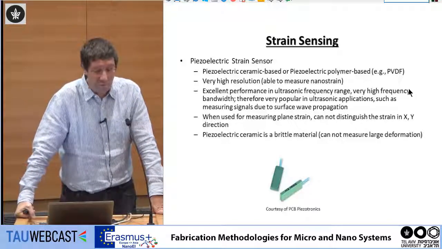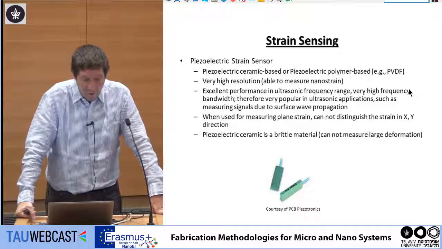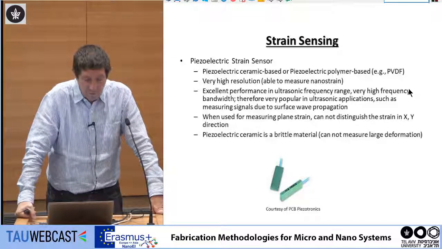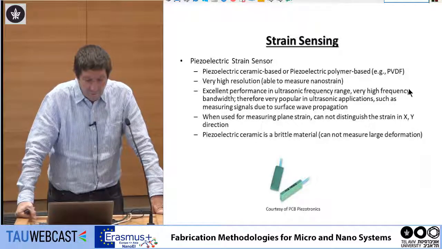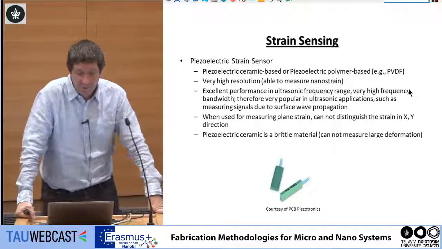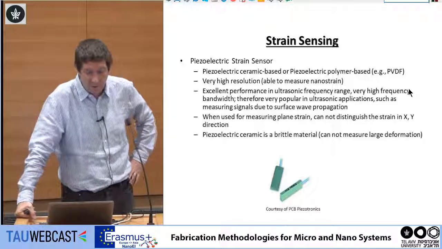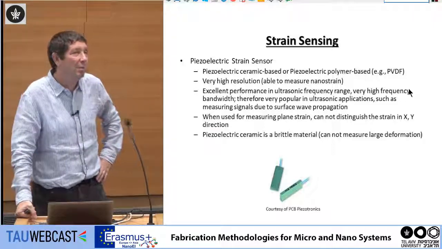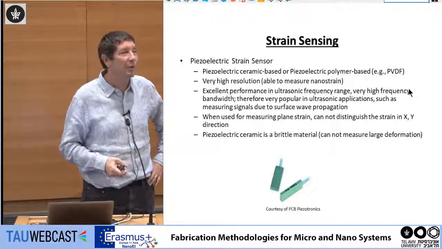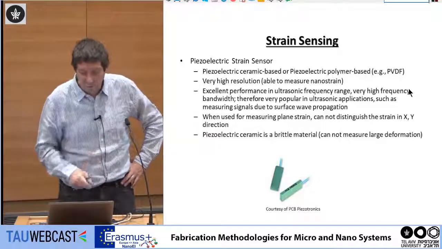Those materials have very high resolution, able to measure nanostrain, excellent performance in the ultrasonic frequency range, very high frequency bandwidth, therefore very popular in ultrasonic applications, such as measuring signal due to surface wave propagation. If you make ultrasound today, probably they are using one of those devices.